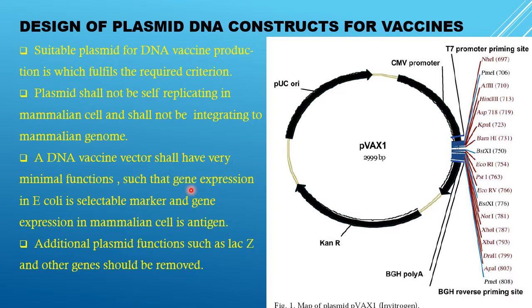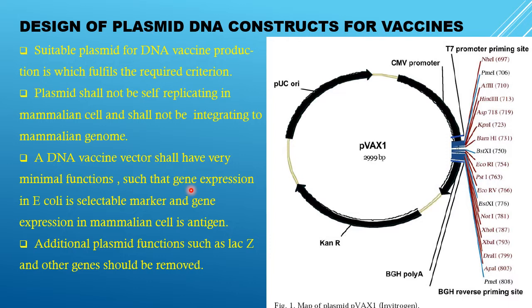One is the expression in E. coli, and that is the selectable marker. Selectable markers would be expressed in the E. coli, and gene expression, like that particular antigen expression, shall happen in the mammalian cell. These are the two main functions of a plasmid construct that should be designed in this way. Additional plasmid functions such as LacZ and other genes should be removed because they have no role to play here.